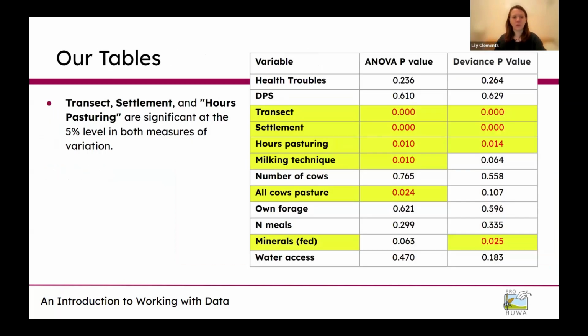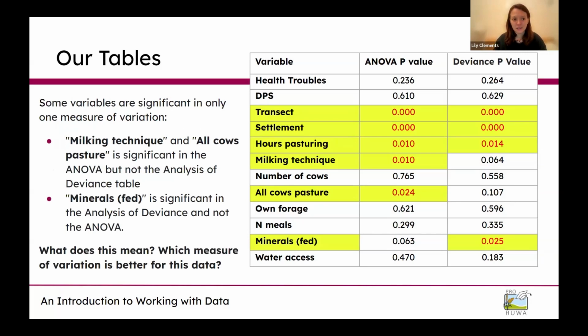So we've put this into a different kind of table here, where we've got our variable, the p-value in the ANOVA, and the p-value in the analysis of deviance table. And here we see that transect, settlement, and hours pasturing are significant at the 5% level in both measures of variation.